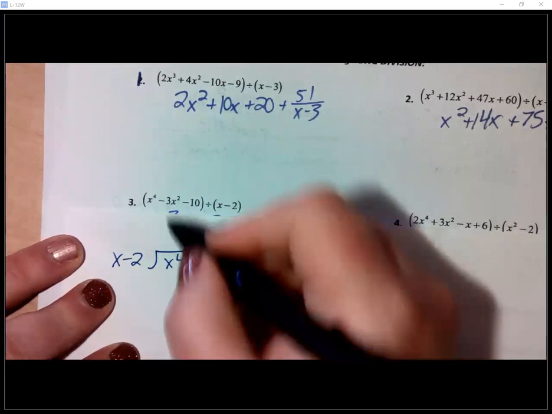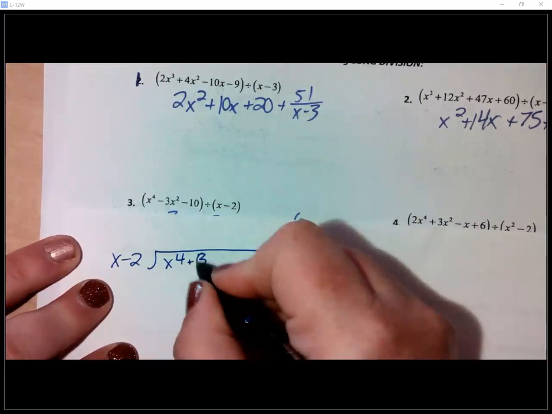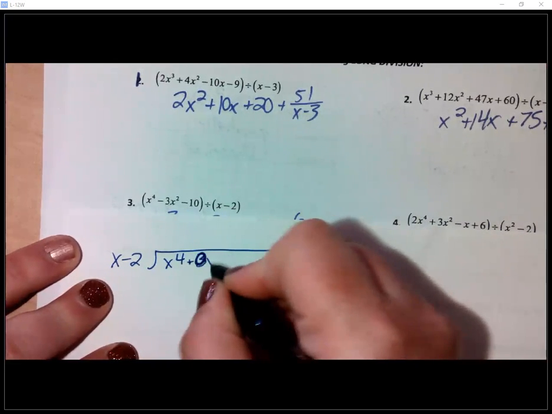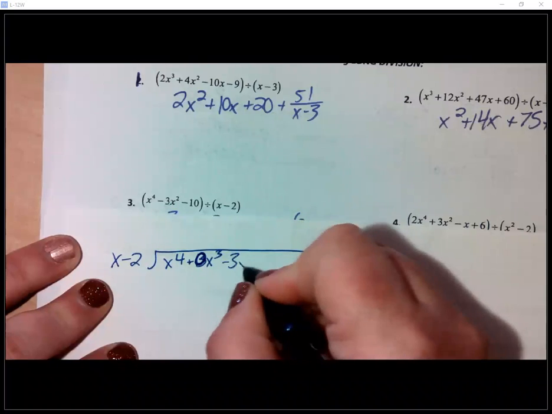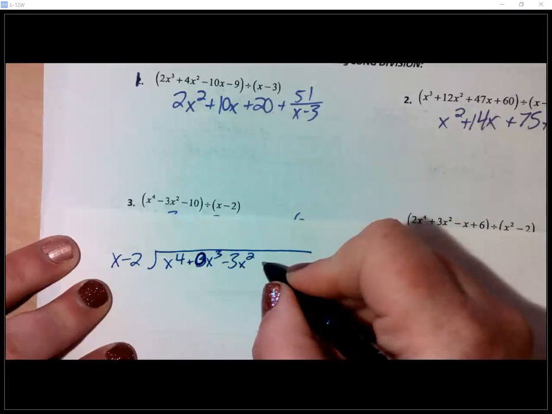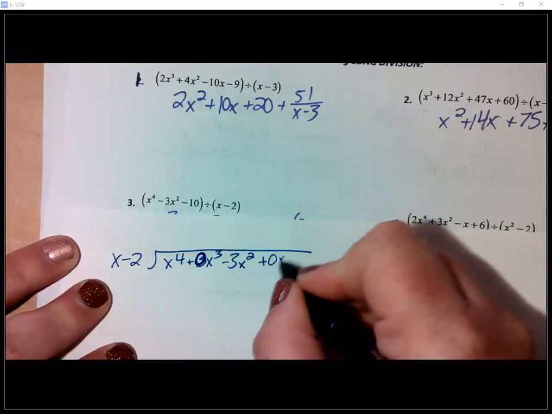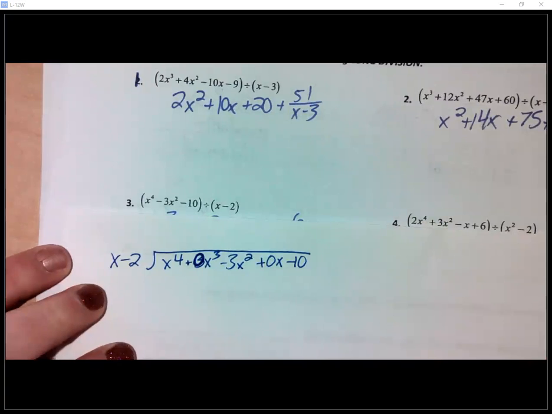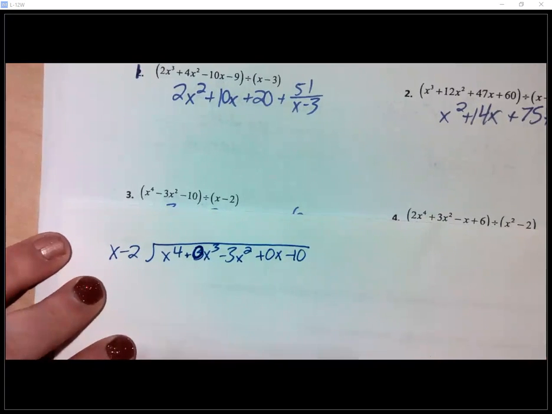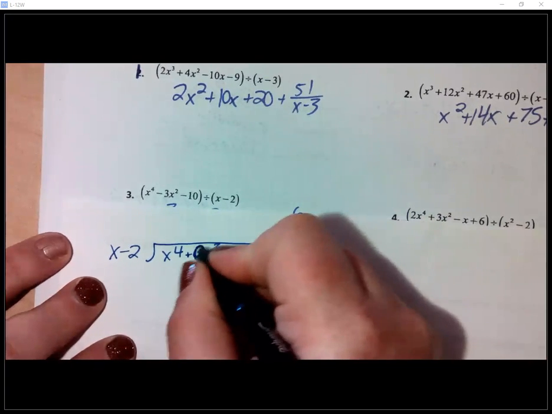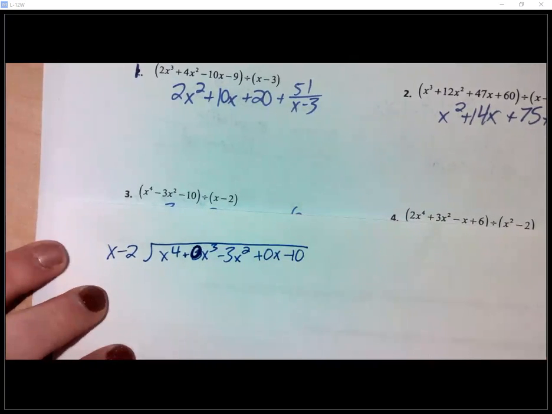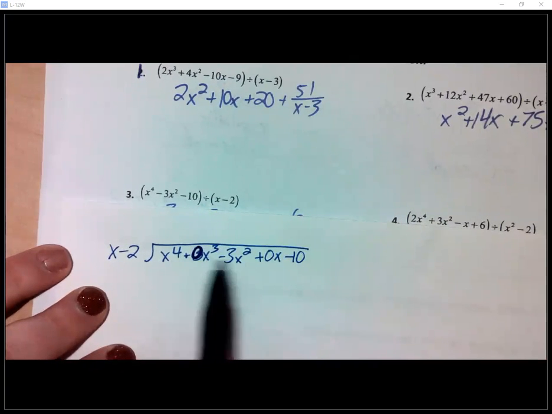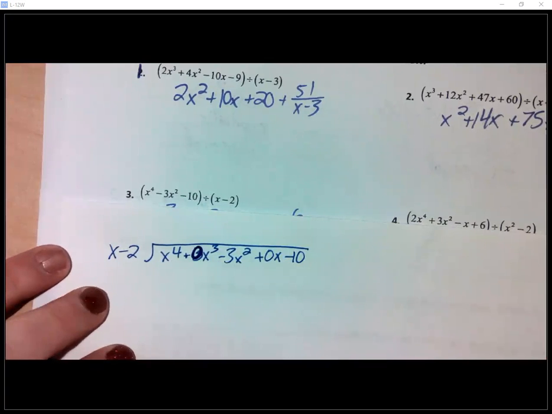So I actually need a plus 0x to the 3rd, minus 3x squared, and then I don't have an x to the first term, so I'm going to have a plus 0x minus 10. So when I go to do number 3, that's how it should be set up. That's a 0. And then double check 4, 3, 2, 1, none. Okay, everybody's there now. And now I'm ready to begin.